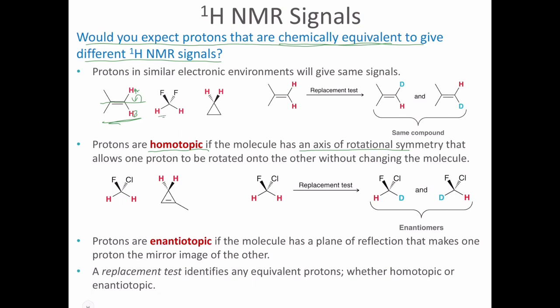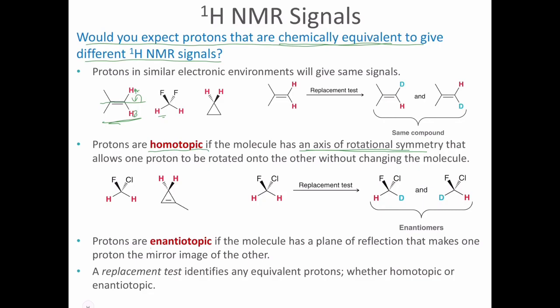Same to here. As long as there is an axis of rotational symmetry that allows us to interchange without seeing any difference, then we can say that they are in the same chemical environment.